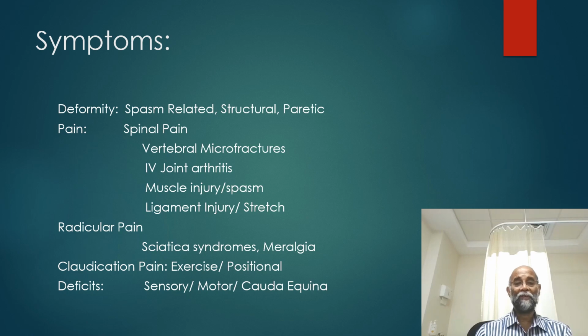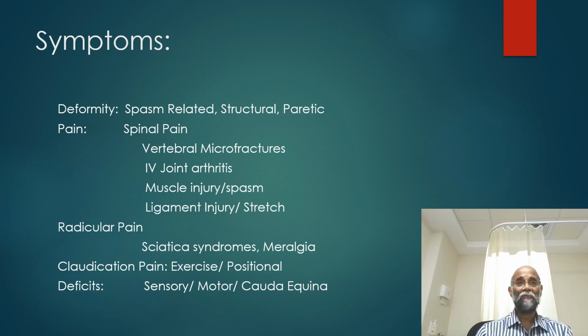Pain might be just spinal pain. The commonest cause of spinal pain is probably vertebral microfractures, which are very common with osteoporosis. Intervertebral joints might develop arthritis. There may be muscle injuries or spasms. Ligament injuries and ligament stretch can also result in back pain.